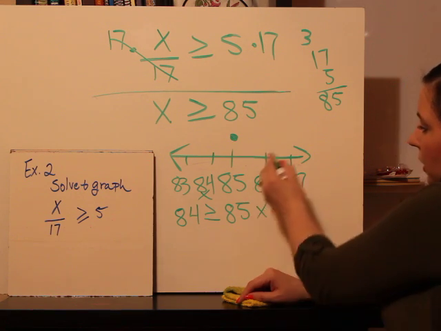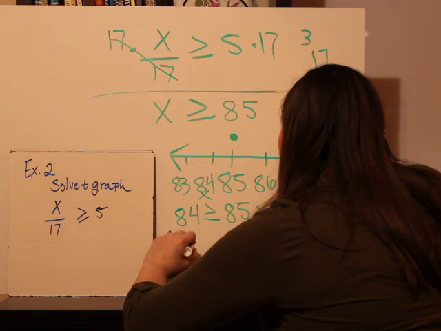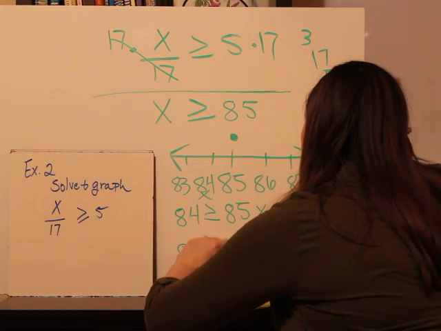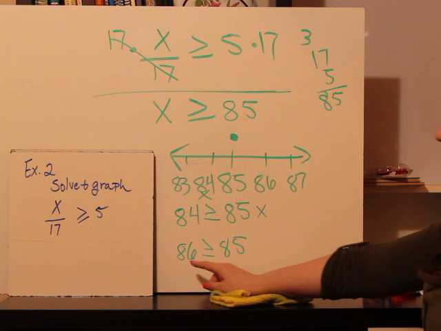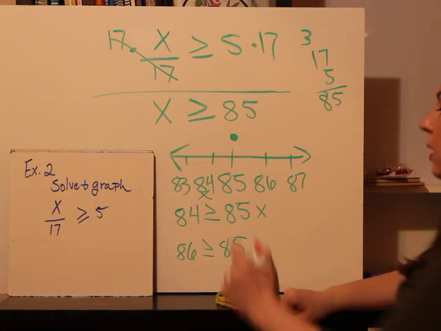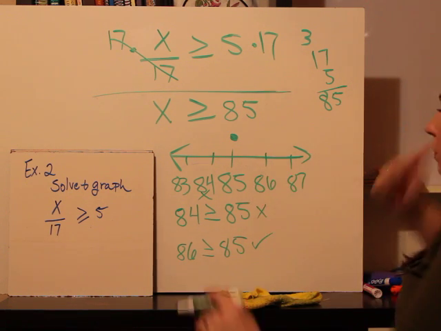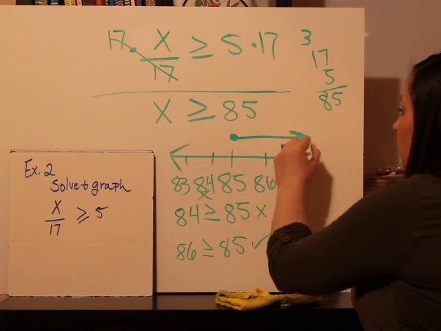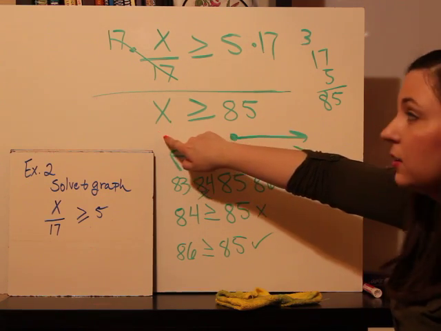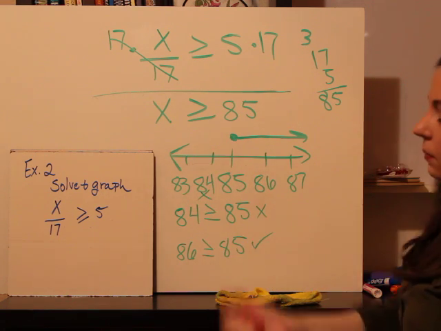Now I'm going to try 86 because I have to try one on the other side of my number. 86 greater than or equal to 85. Is 86 greater than or equal to 85? Yes. So now I know for sure I'm going to shade to the right. And also remember that as you read it, x is greater than, well, greater than is always to the right.